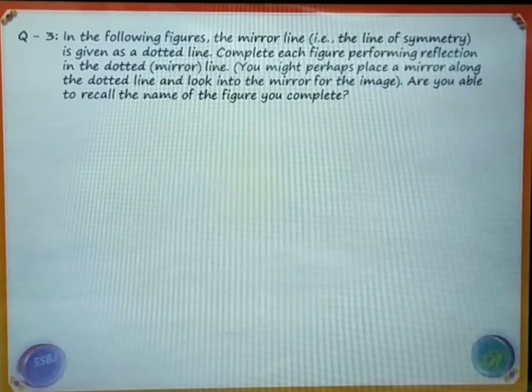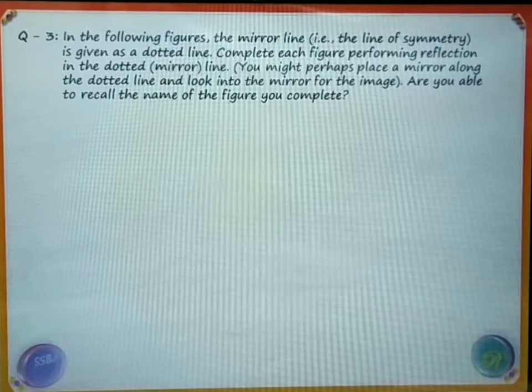Question number 3. In the following figures, the mirror line, that is, the line of symmetry, is given as a dotted line. Complete each figure performing reflection in the dotted mirror line.